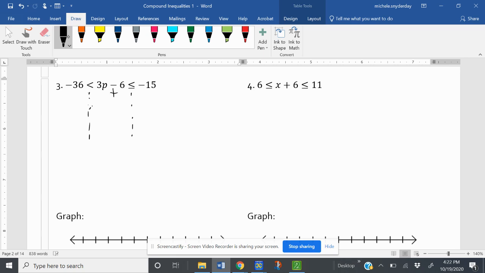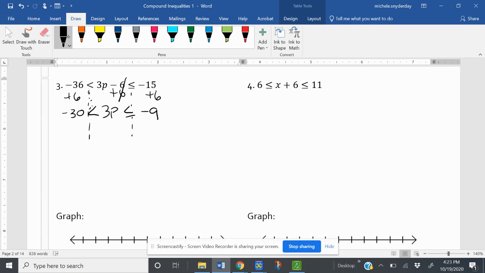We would add 6 to get rid of the 6, but we have to add that on all 3 sides. That goes away and we're left with 3p in the middle. Negative 36 plus 6 is negative 30, which is what we had in the very beginning. And negative 15 plus 6 is negative 9.